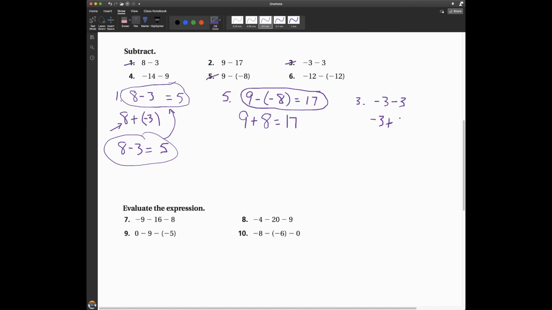So that's positive 3. I'm going to write that as negative 3. Same sign, add and keep. I can stop right there in the song because these have the same sign. So basically, I add their absolute values together and I put the same sign there. So negative 3 minus 3 is negative 6. And I'm good.